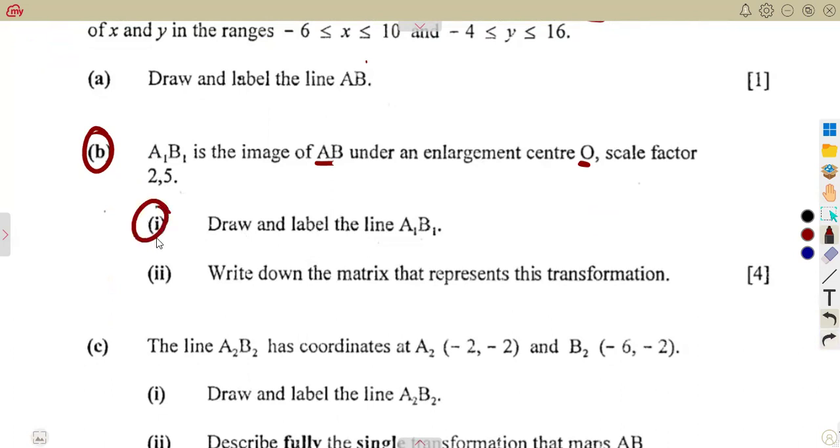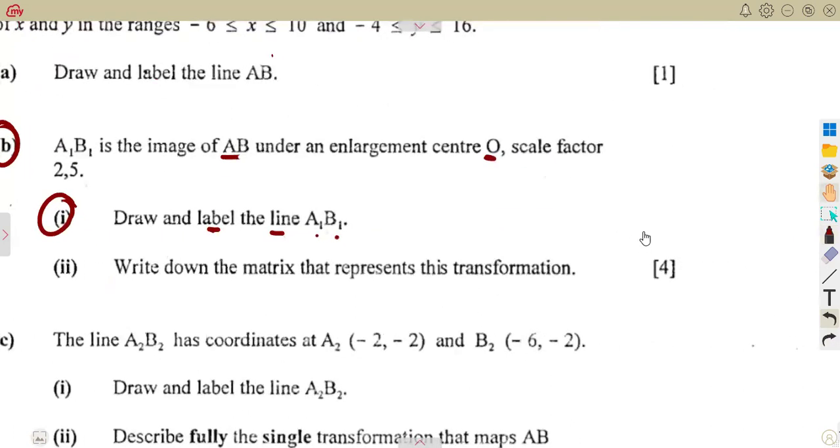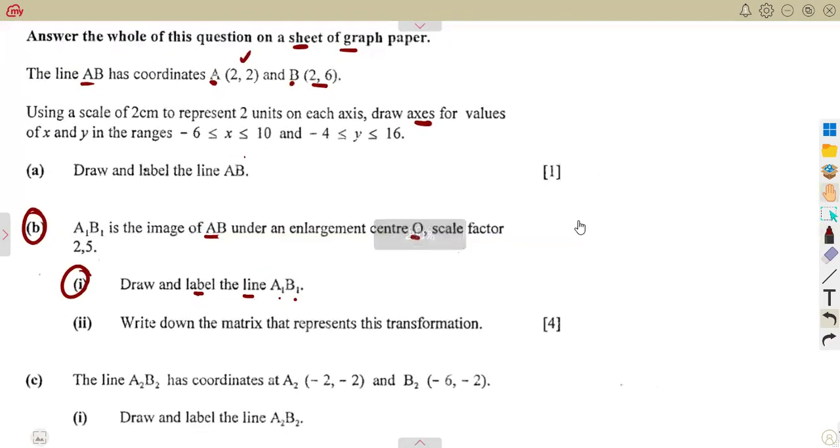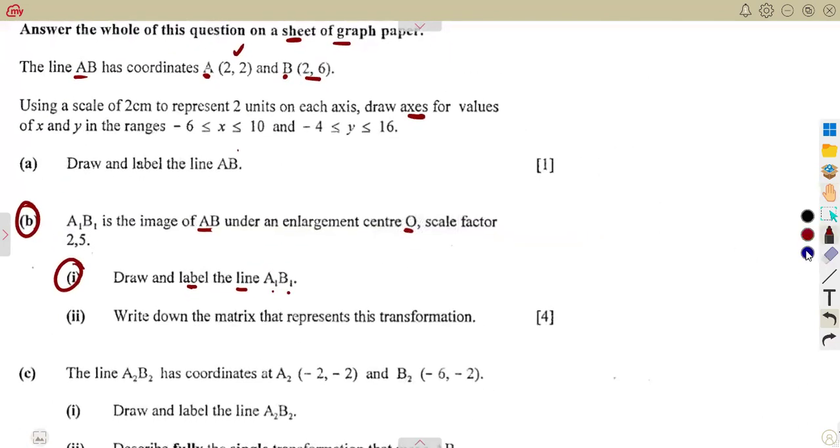So I asked to draw and label the line A1B1, which is the image of AB under the center (0, 0). The enlargement concept is not going to change, guys. The easier path is to use the matrix times object equals image. So you're going to do that calculation on its own.